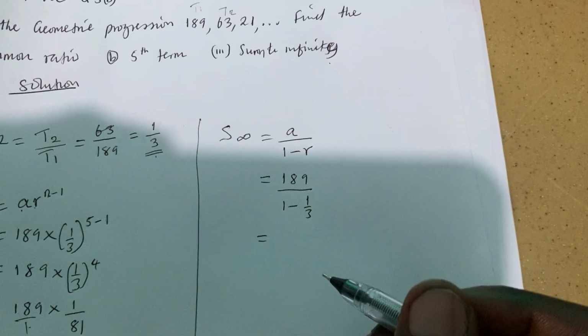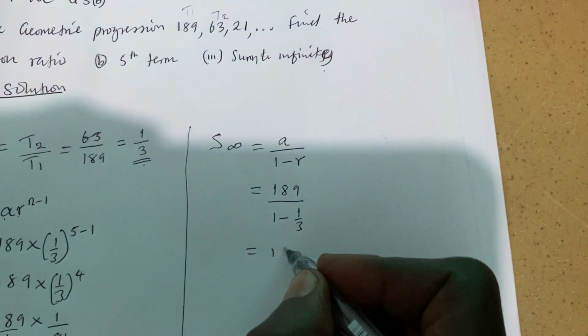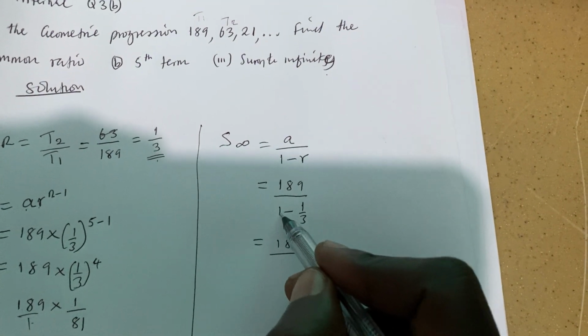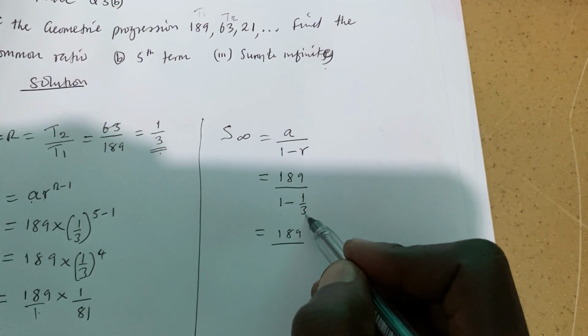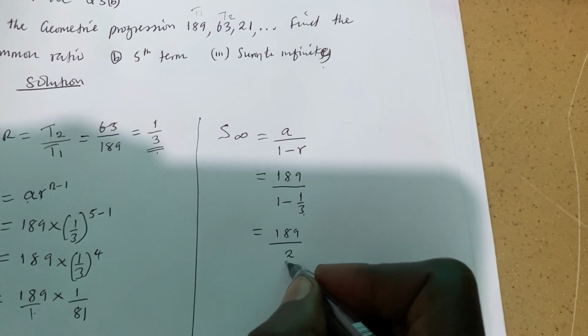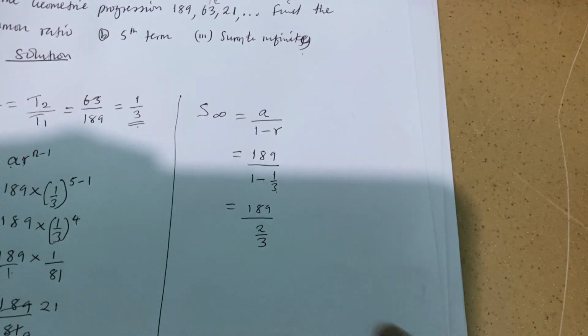Then from there we can proceed by saying 189 divided by 1 minus 1 over 3. This one will give us 2 over 3.